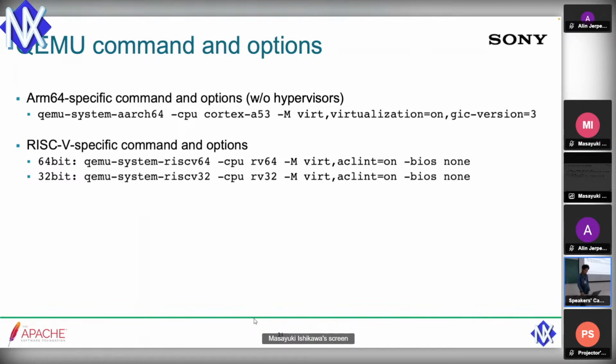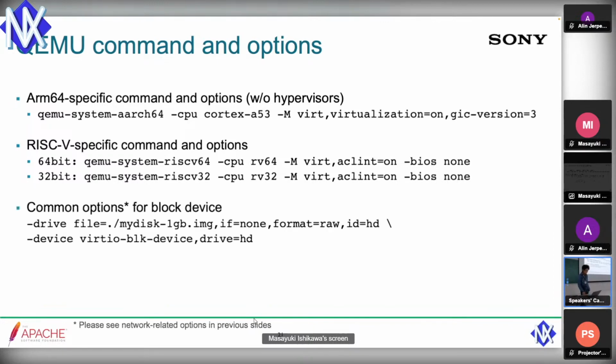In both cases, we need to specify machine options, so virt and aclint on. ACLINT is the RISC-V Advanced Core Local Interruptor, which I added to run Linux in SMP in supervisor mode last year. And the bios none option means that we don't use OpenSBI supervisor interface firmware.